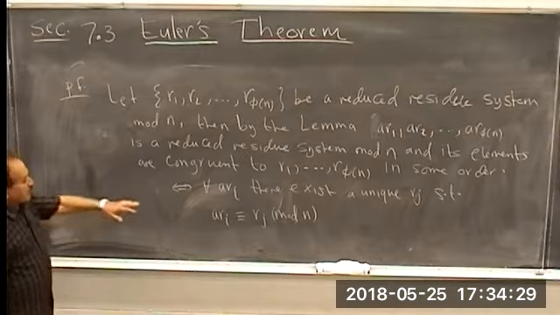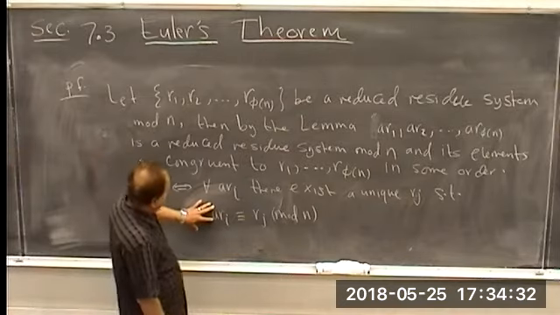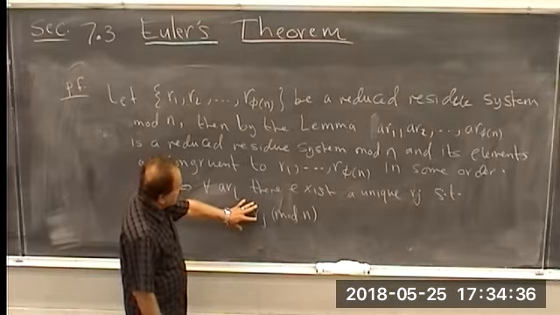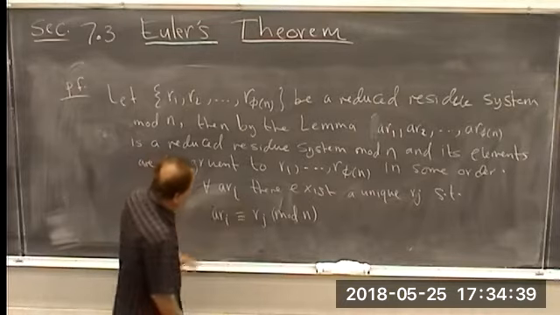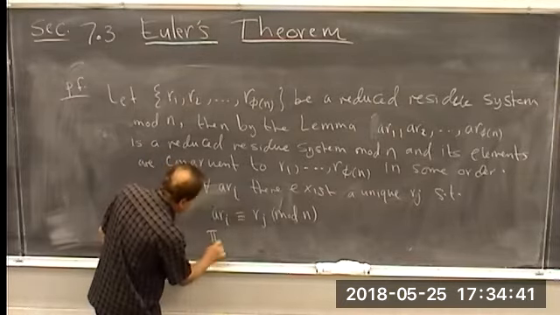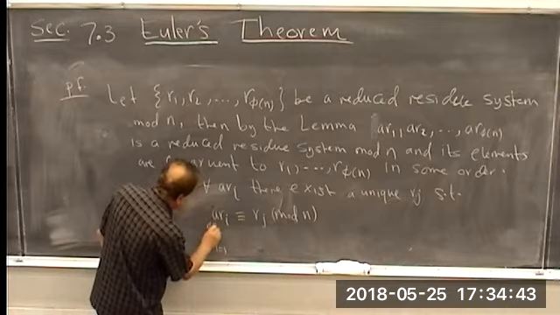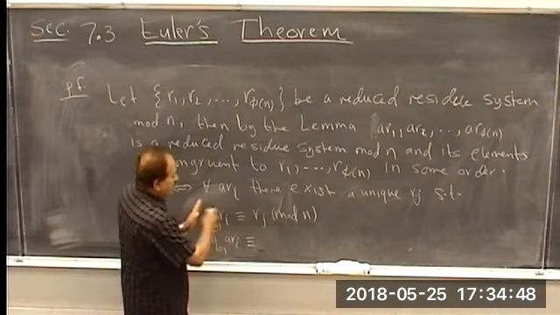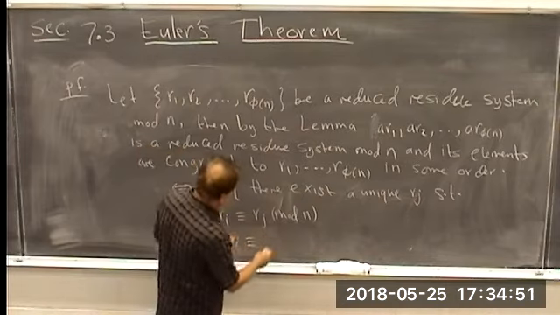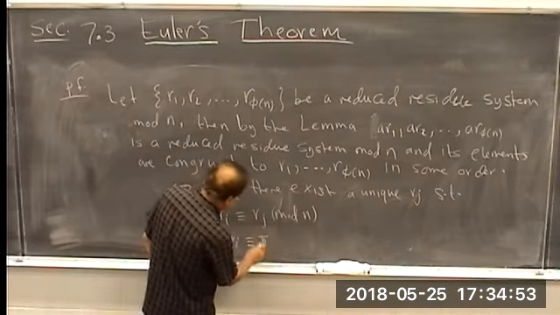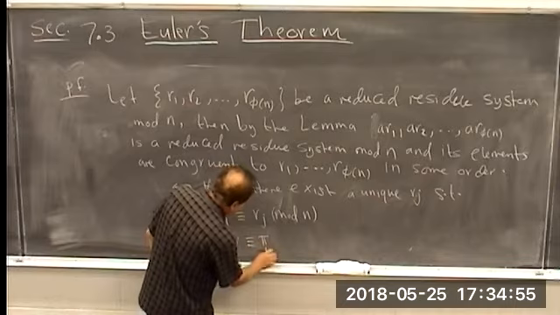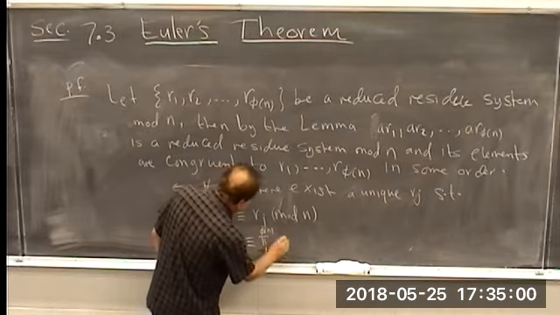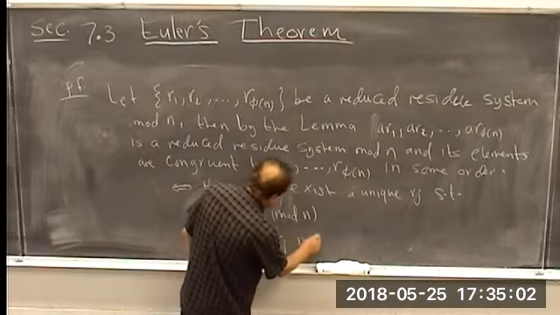Then we're going to take the product of all of these. The product is going to be over I, and we're going to take the product of these over J. So we take the product, I equal 1 to phi of n, A R I. We could multiply each one with the corresponding one, so at the very end we can collect the phi of n R sub J mod n.